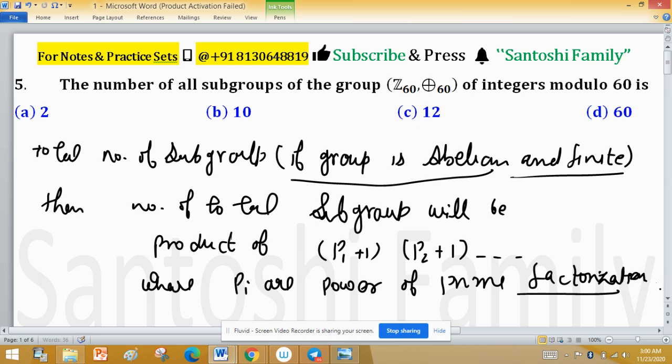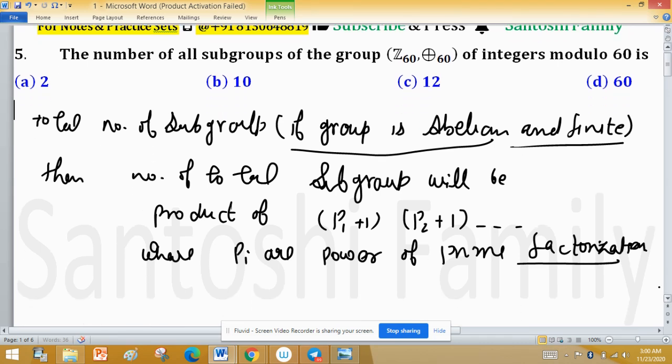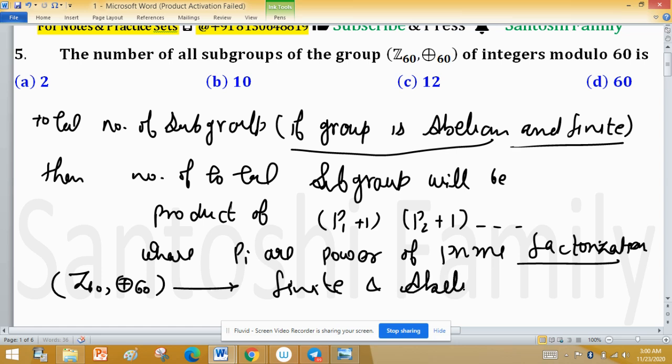Now let us understand what it is. This is Z60 over integer modulo 60. Is it finite? Yes, finite. And abelian? Yes. So we can apply this theorem or this statement here.